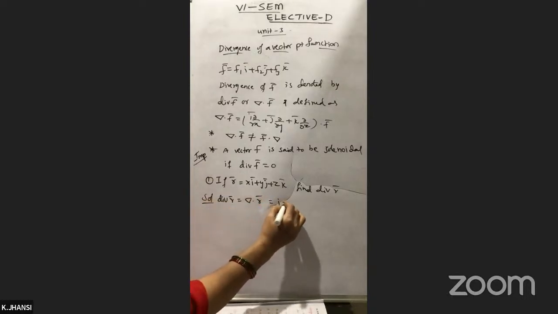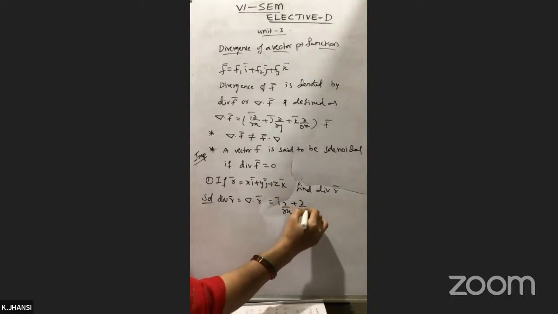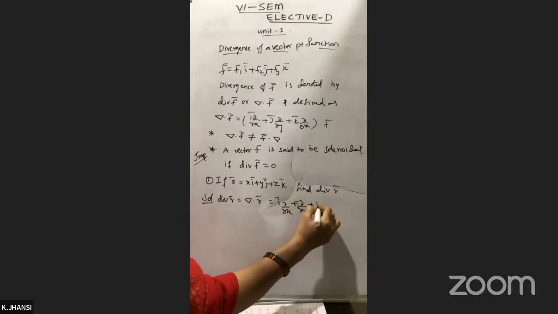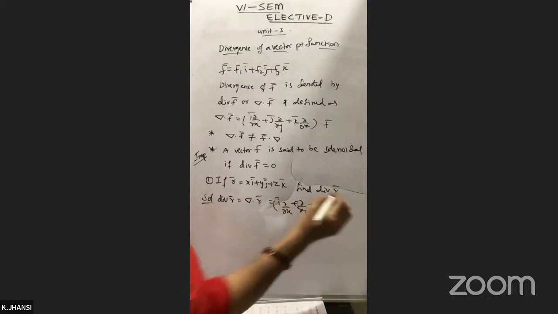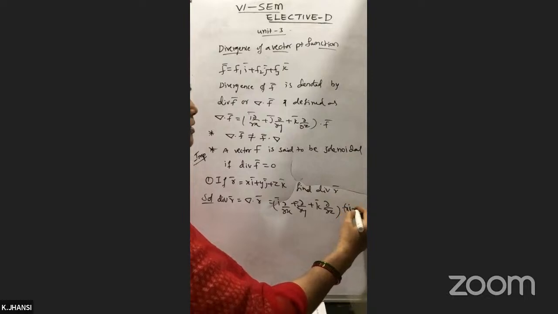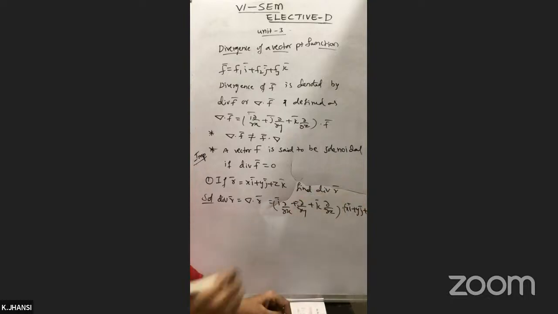What is del? Del is i dou by dou x plus j dou by dou y plus k into dou by dou z. And what is r here? R is xi plus yj plus zk. Okay.